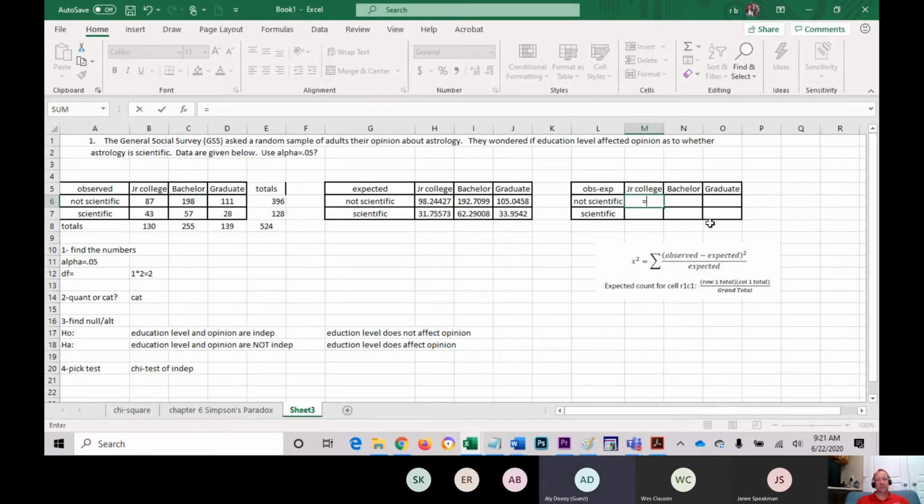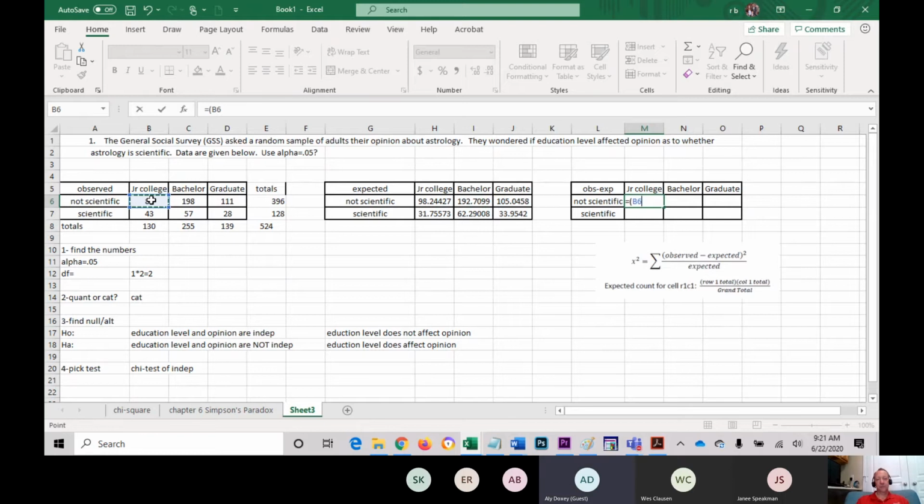Is this when you do the sums? We'll do the sum at the end, but yes, it's this equation right here that we're using. So the observed is the 87. And this is where the parentheses really matter.